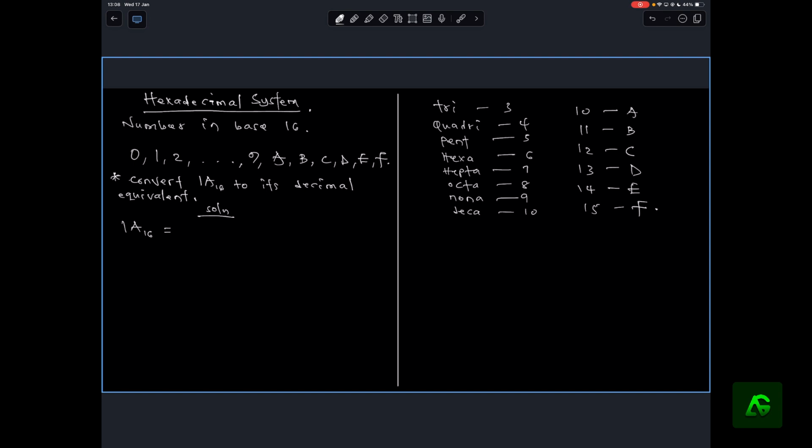This first digit to the right, we have what? Weight of 1, right? So this next one, we have what weight? 16.